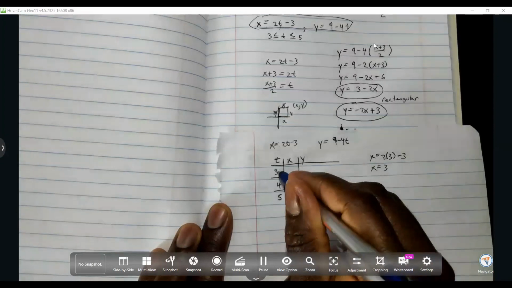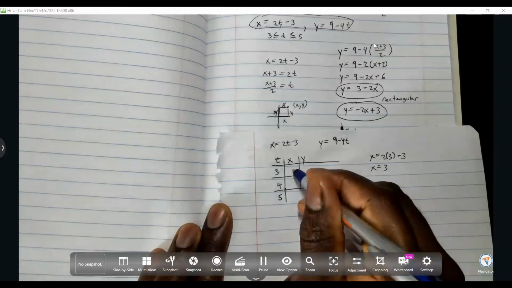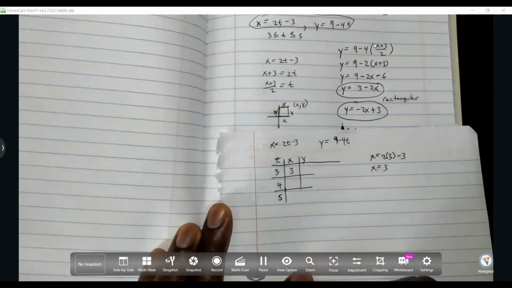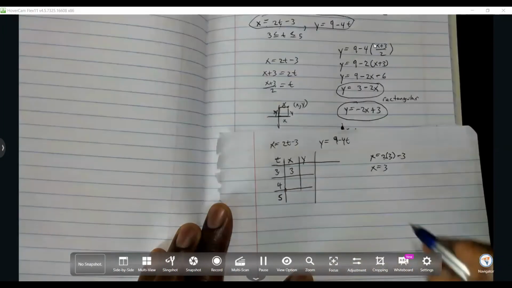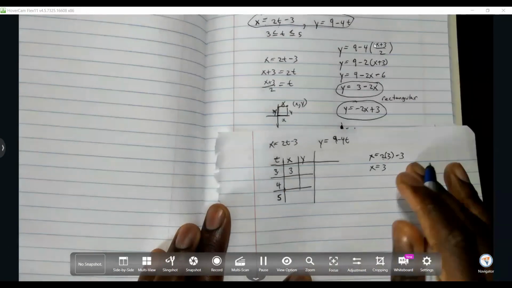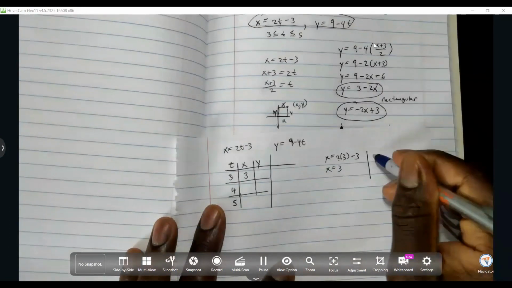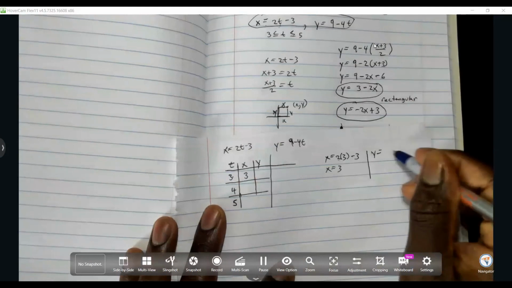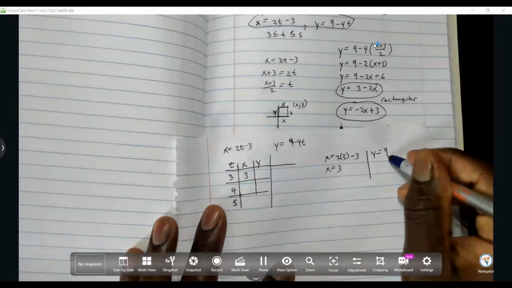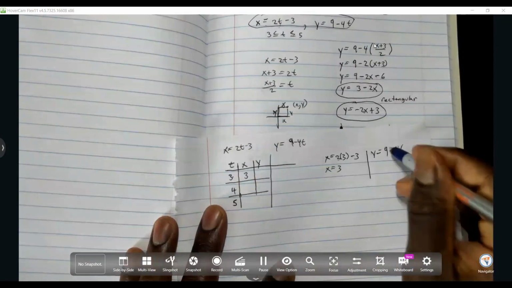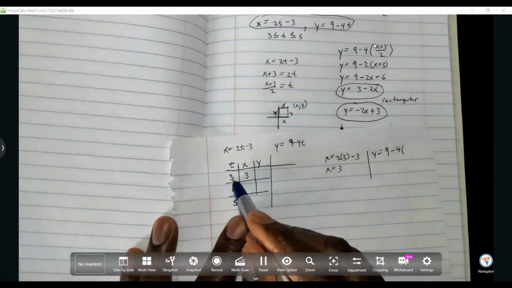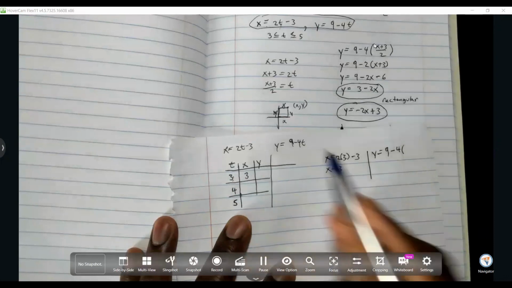Okay, so at time equals 3, the x part of it is going to be 3. We want to get the y part of it also. So the y part of it is 9 minus whatever 4 times t is. So we're figuring out for t equals 3 seconds. So we're just going to plug in 3 right here.